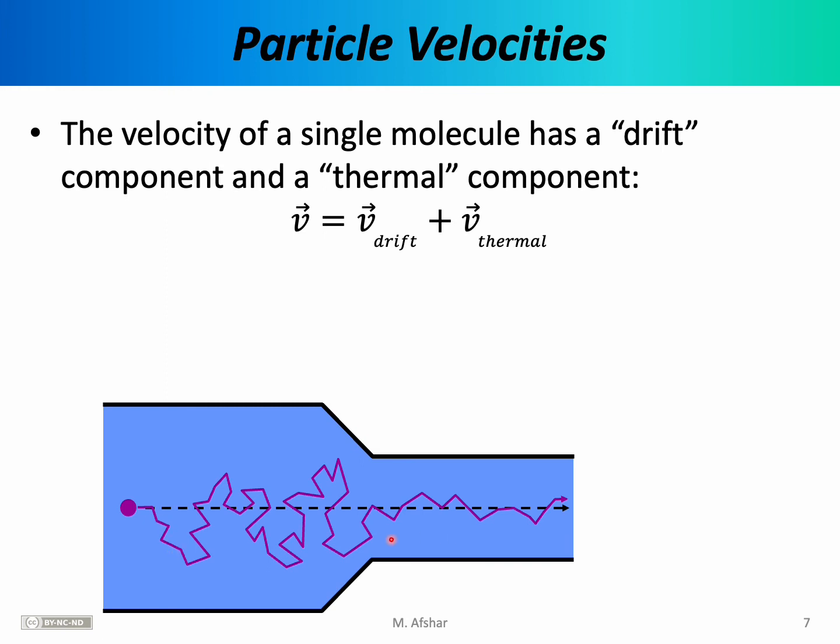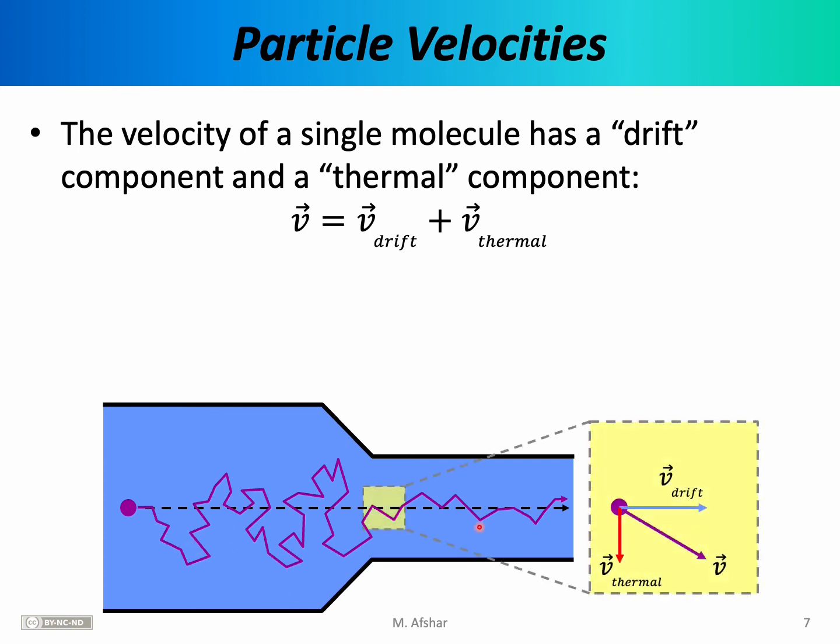So we can say that this water molecule is moving to the right, but at any given instant, its velocity vector may not point directly to the right. Like at this moment here, the velocity vector of the particle might point diagonally in this direction as shown. We can take this velocity and break it down, or decompose it, into two components: the drift component and the thermal component.